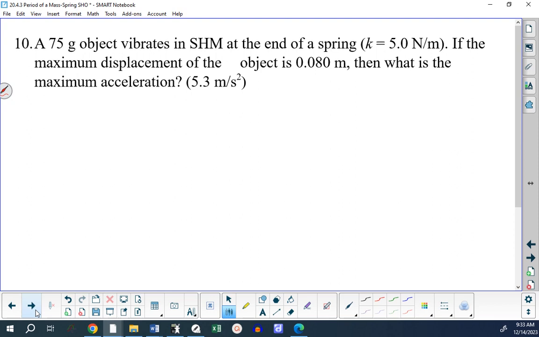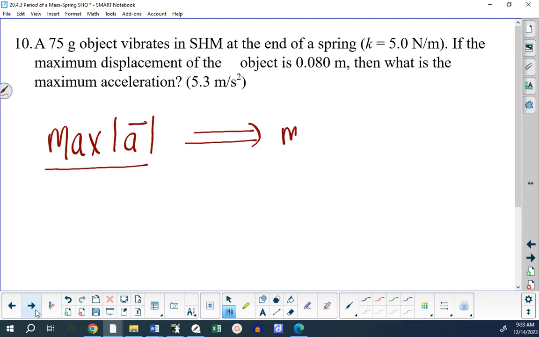If we look at what maximum acceleration is about, why would we get a maximum acceleration? Well, we would get a maximum acceleration because we have a maximum force acting on the mass. And I don't know what I want to put for a subscript here. Like I could put Fs, I could put F net, I could put F restoring.